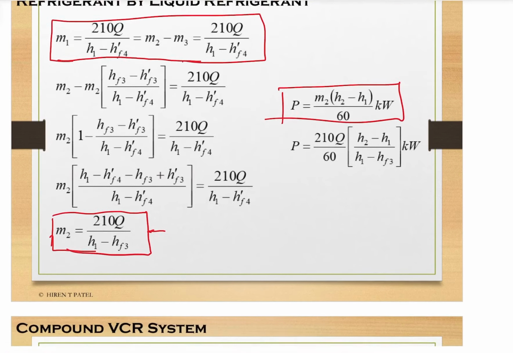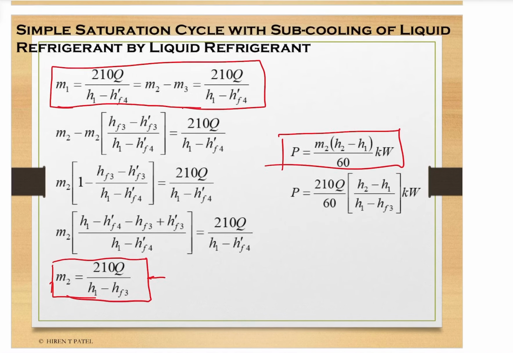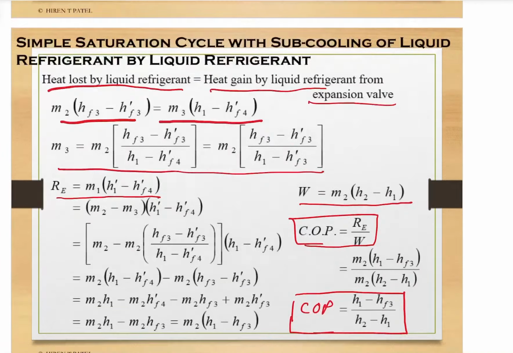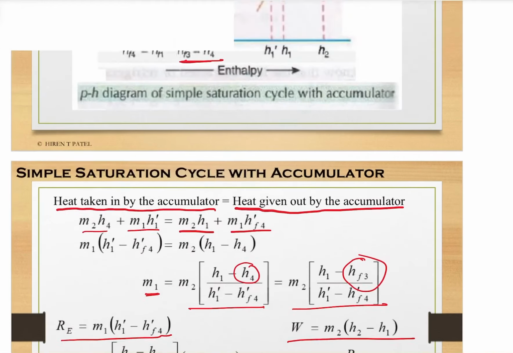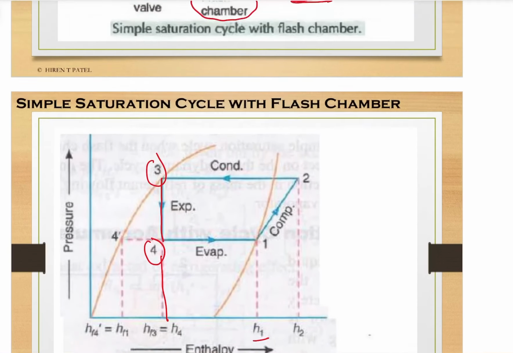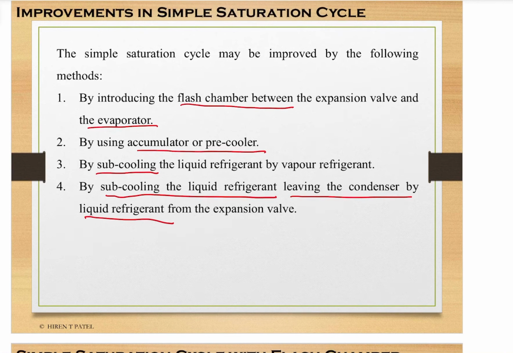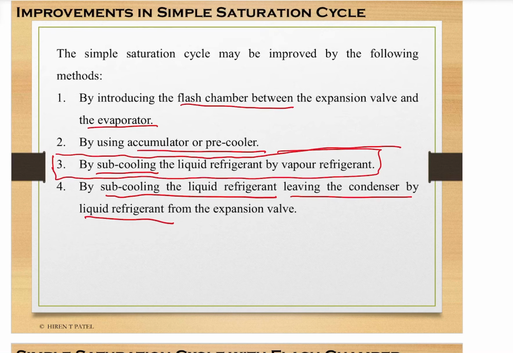So, this is also not best suitable for modification. So, from among all these 4 modifications, only the third one, that is subcooling of the liquid refrigerant by the vapor refrigerant, is better to improve the COP.